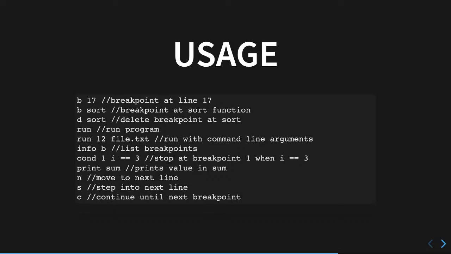I didn't mention this, but you can set a breakpoint at the start of a function like I'm doing there. Then the fifth line where it's run and then 12 and file.txt, that would be running that file with command line arguments. So obviously it wouldn't always be 12 like a number in a file. Whatever your program needs, file or command line arguments, you would put them there like that.